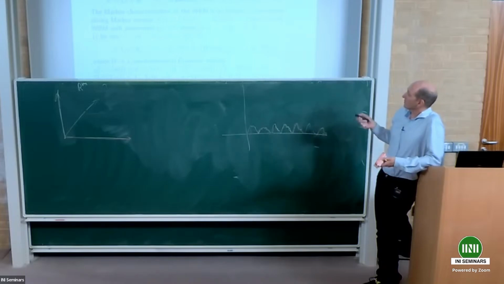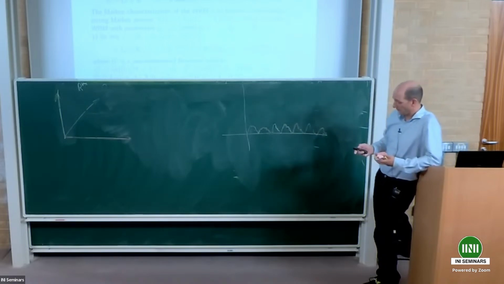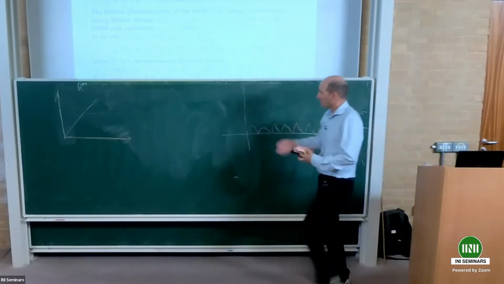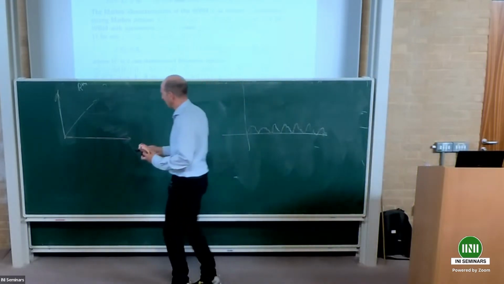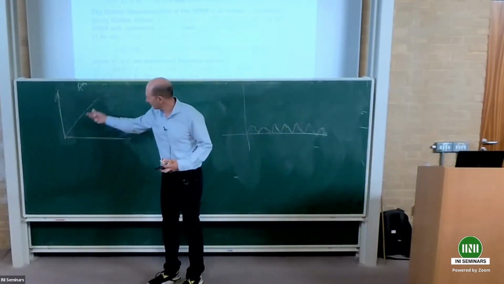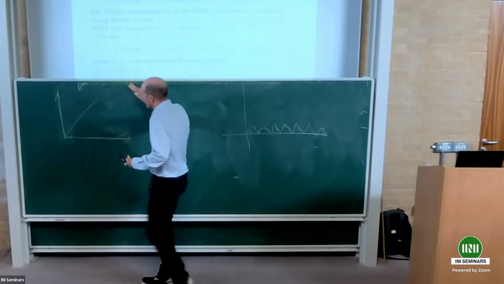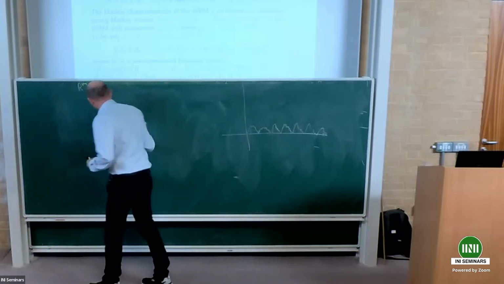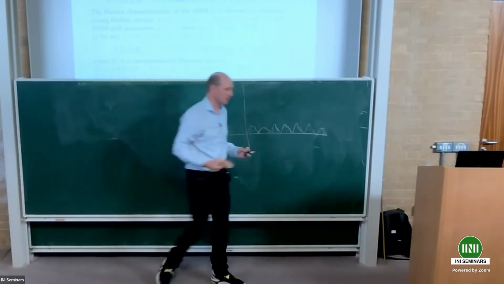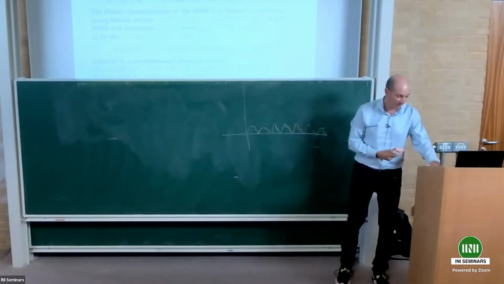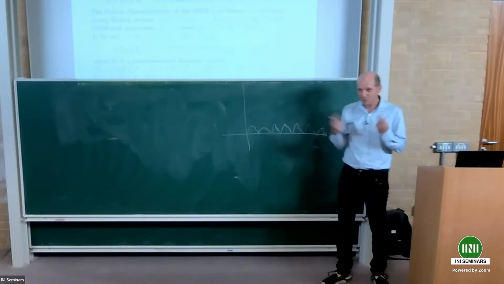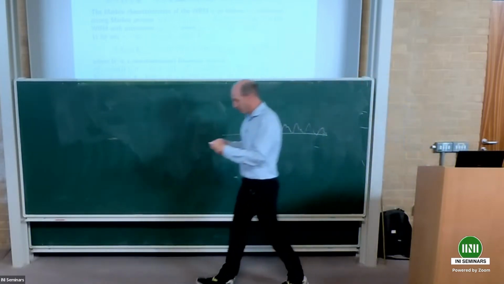Okay, and it's strong Markov and behaves like Brownian motion before hitting 0. And well, I cannot make a three-dimensional picture, unfortunately. So let me make, instead of one three-dimensional picture, three one-dimensional pictures.